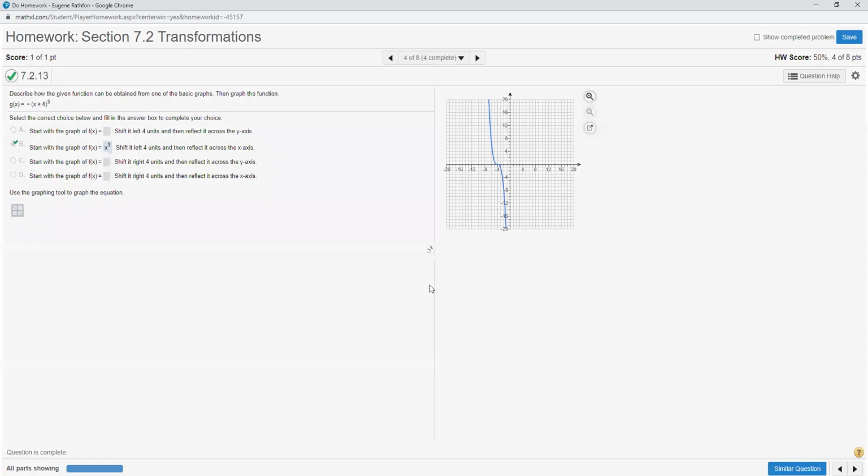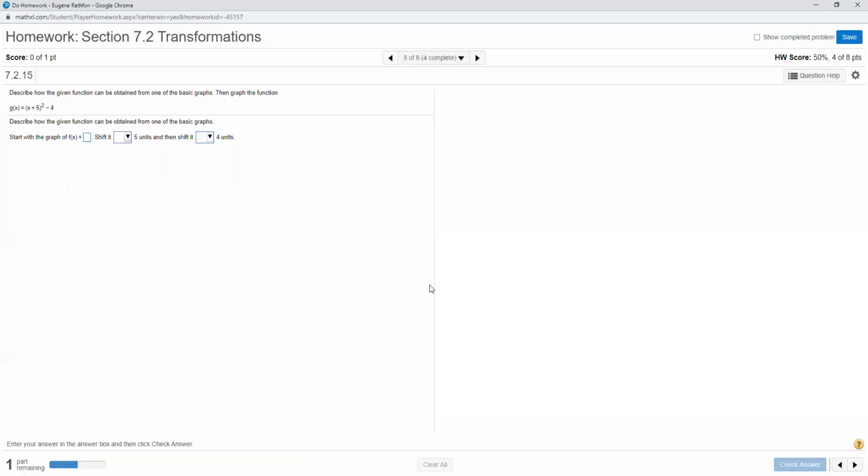All right, we're getting there. Let me see what they got on number 5. All right, so this got x plus 5 squared minus 4. So the 5 is inside the parentheses, so that's like an A, left or right. Since it's positive, it's going to go left 5. And then that -4 at the end of the function is like the B. Since it's negative, it's going to go down 4 units.